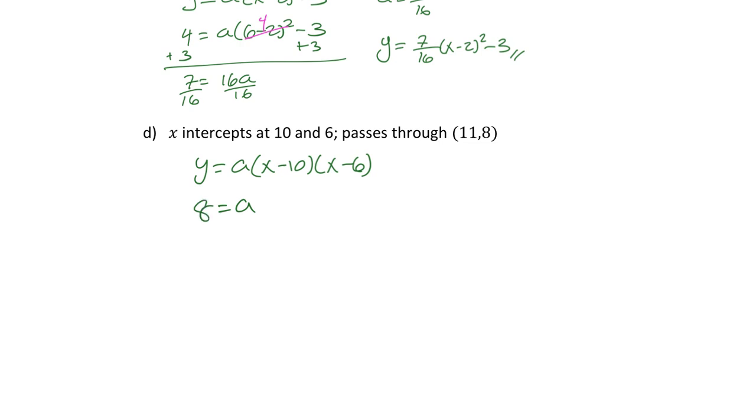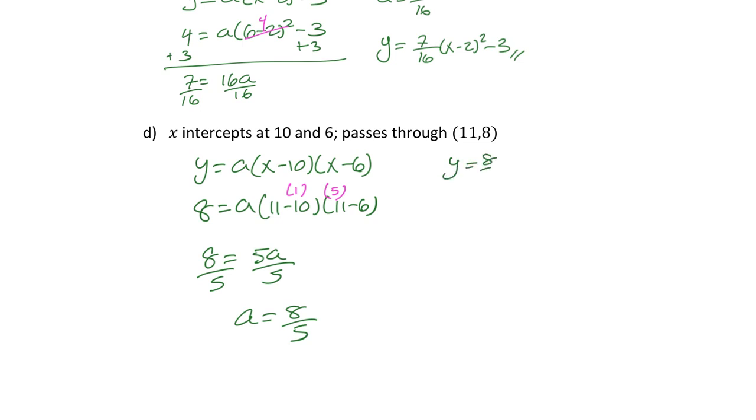So we got 8 equals a times 11 minus 10, times 11 minus 6. So in here, this is 1, and this is 5. That means that I got 8 equals 5a, and then I'm going to divide by 5. So a equals 8 over 5. Okay, so y equals 8 over 5 times x minus 10, times x minus 6.